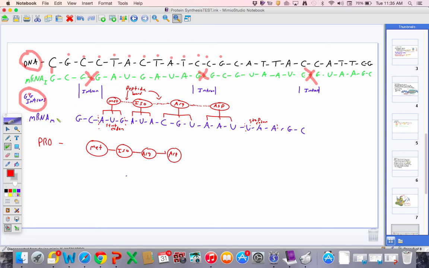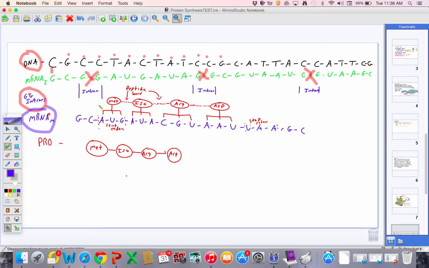Here we go. That GG is going to be gone too. Okay, those introns removed, we have our mature mRNA here. And this mature mRNA is going to be able to leave the nucleus, where these were all spliced together.